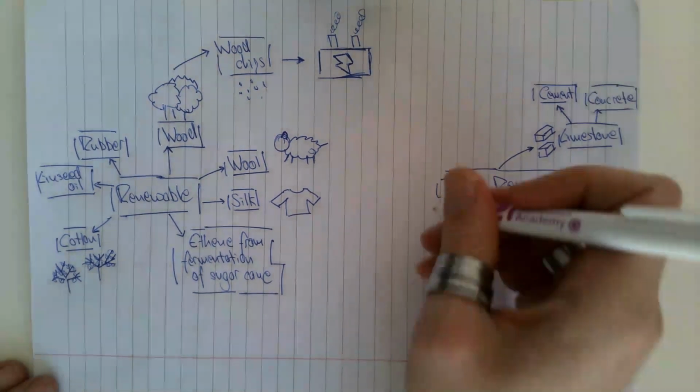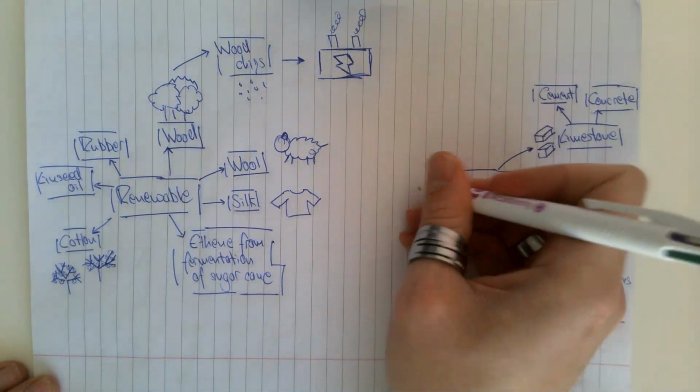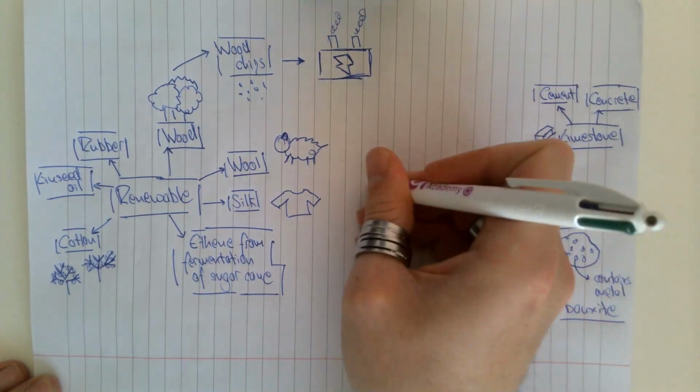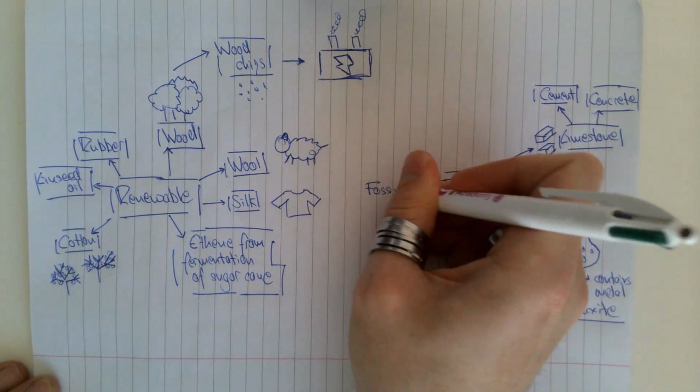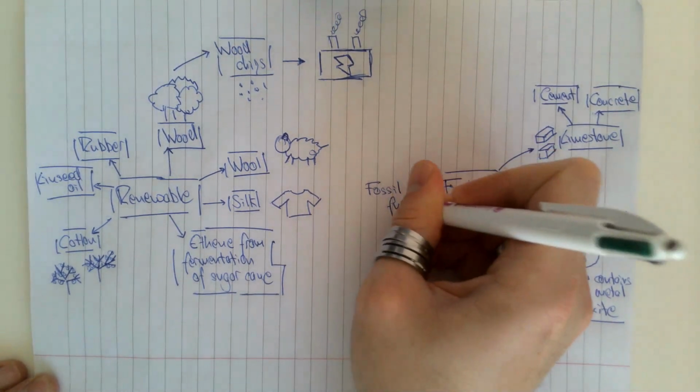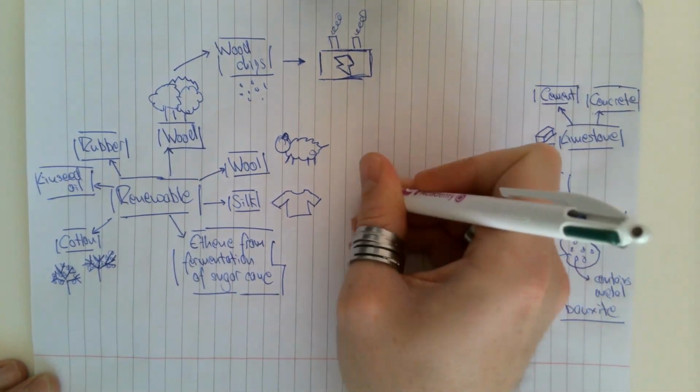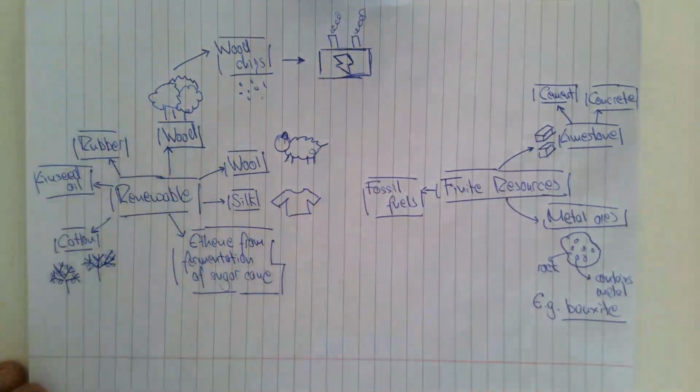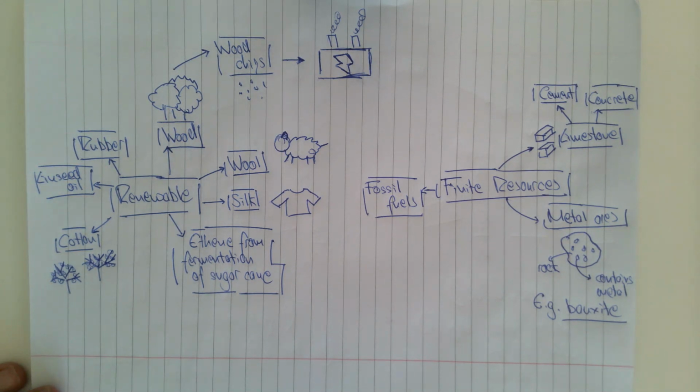big ones are fossil fuels. Examples of finite resources. So, if we think about fossil fuels that we know about, can be used for a variety of different things, but obviously a lot of them are used for generation of power.